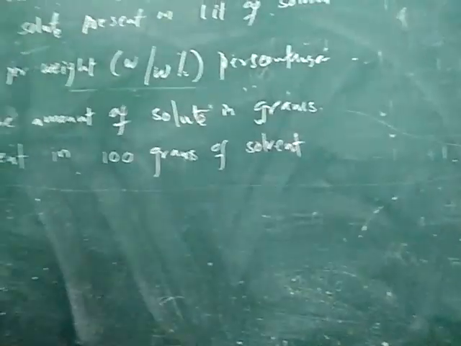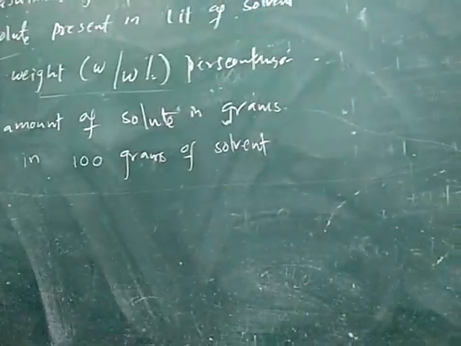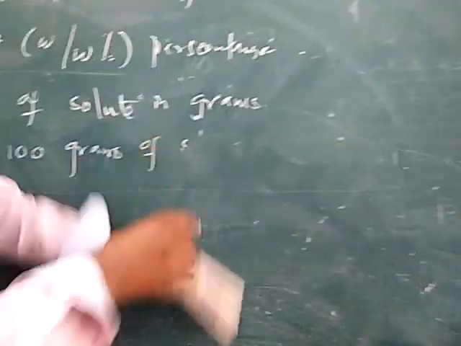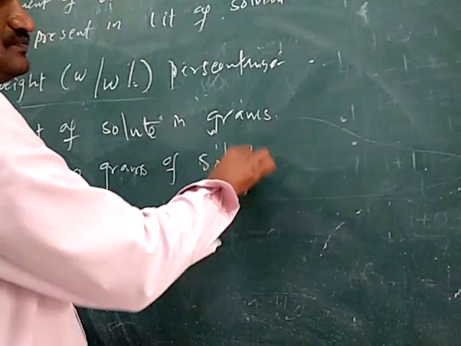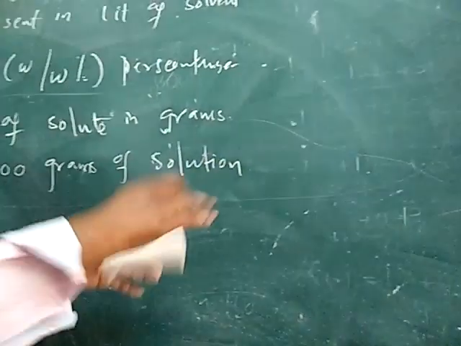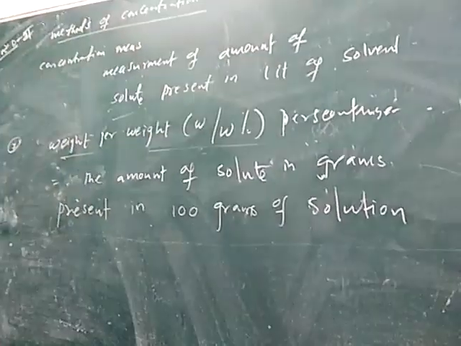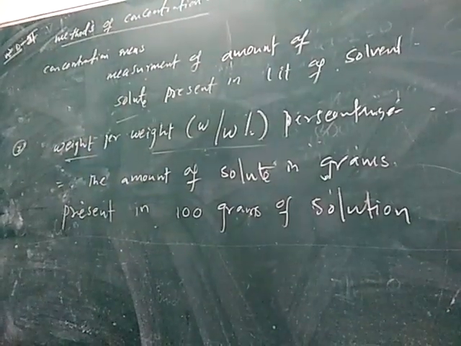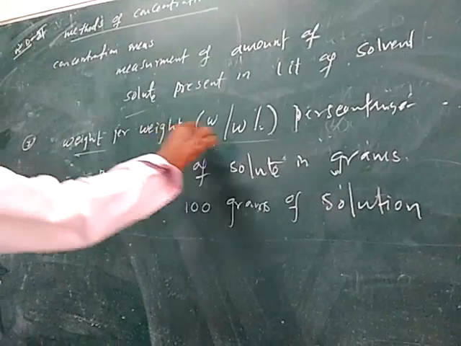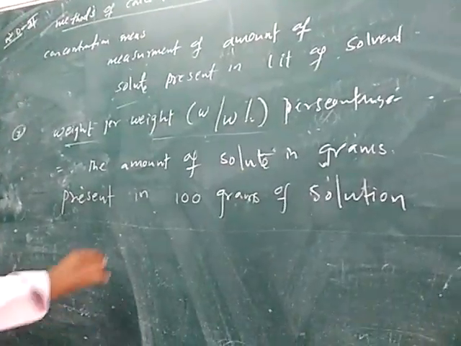That means if overall you take 100 grams of solution, how many grams of solute is present in that can be expressed by weight percent ratio.